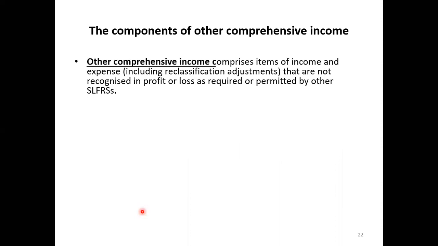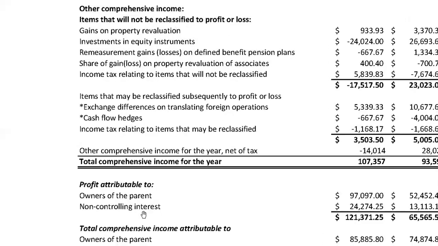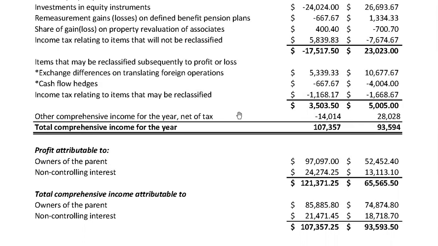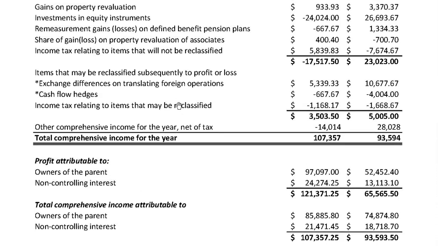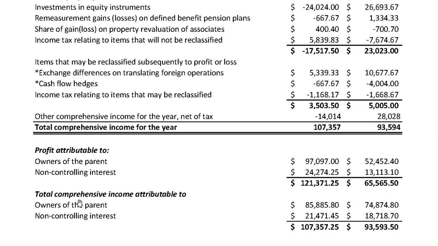So you can find it here. Right here, total comprehensive income. Right, this is equal to what? Other comprehensive income for the period plus profit or loss for the year. Profit or loss for the year.